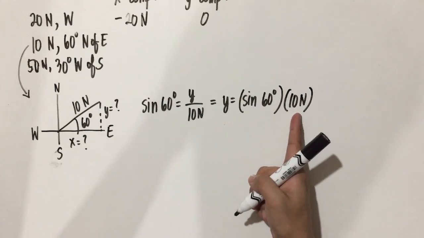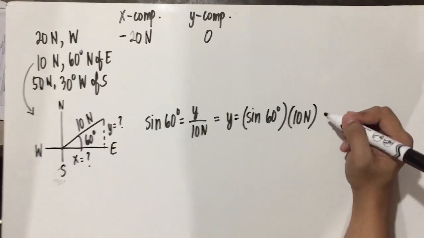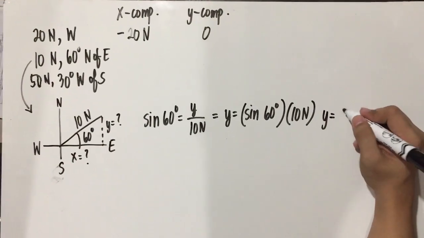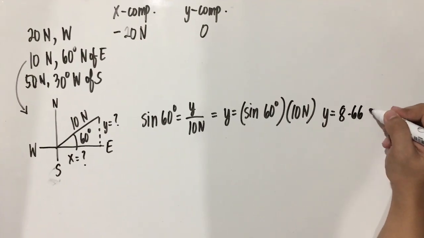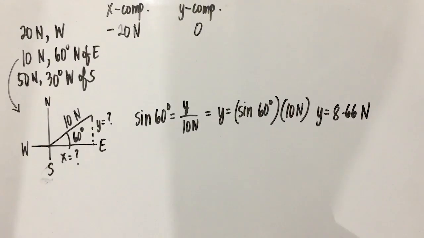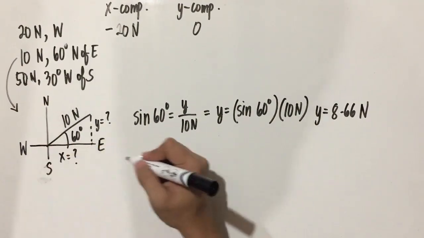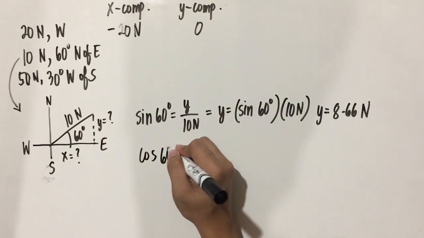Okay, so sine 60 degrees multiplied by 10 newtons, the answer is y is equal to 8.66 newtons.